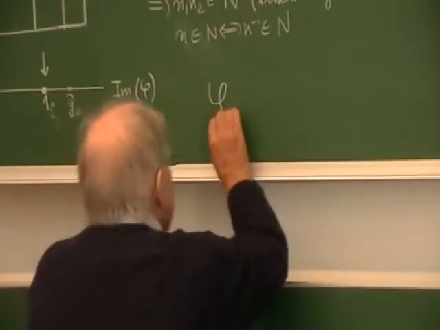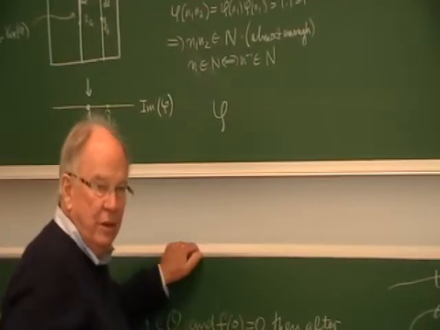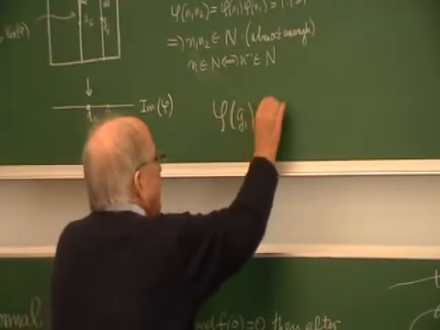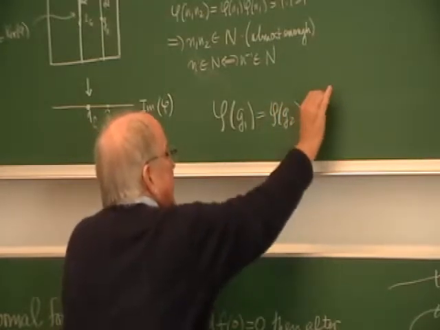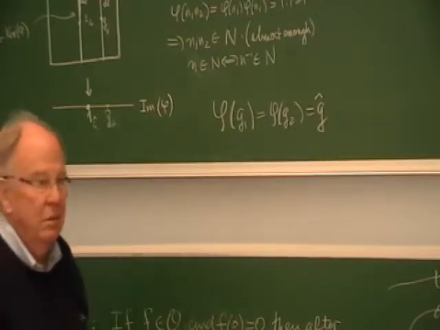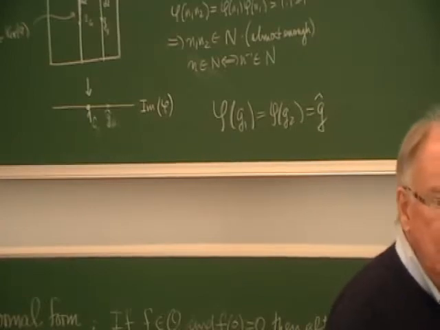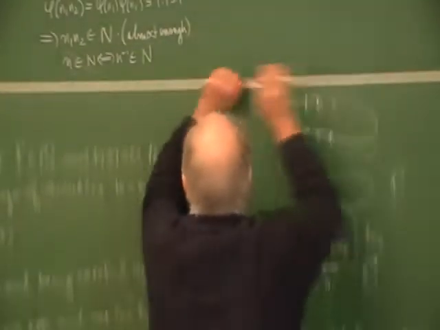You have to understand, this was in advanced algebra in Göttingen in the 20th century. If phi of G1 equals phi of G2 equals G hat, right? That's the situation we have.